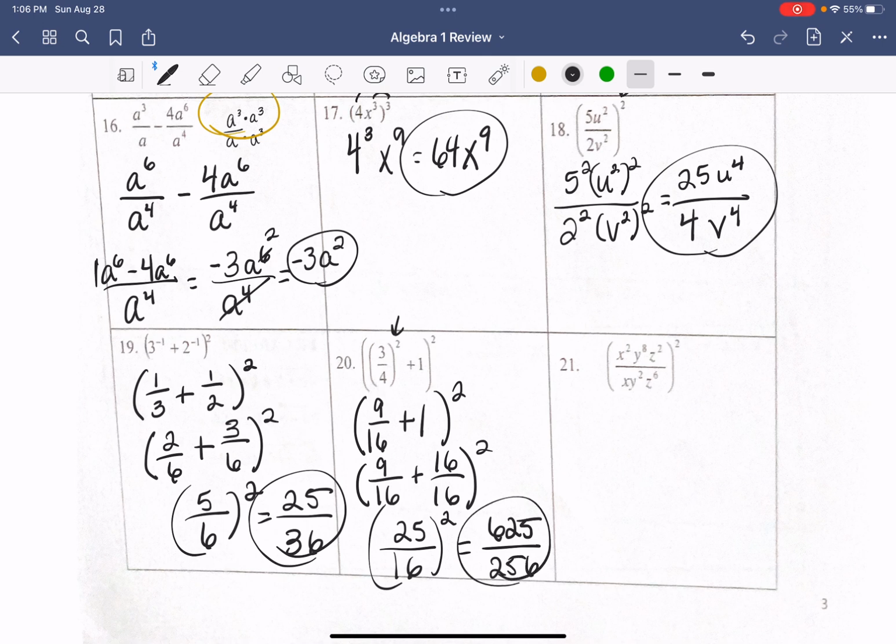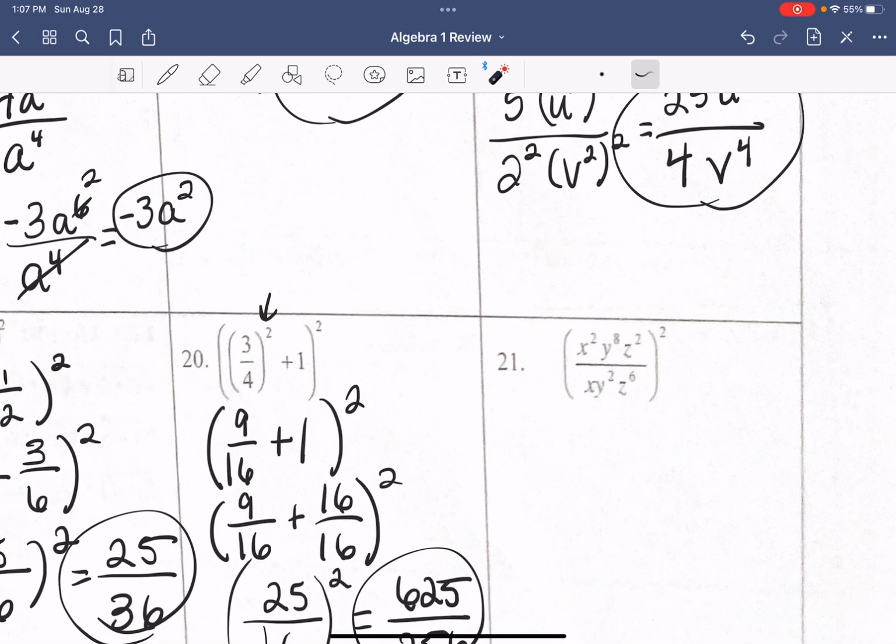Okay. All right, and then this last one for this video, the best way I think to handle this one would actually be to simplify everything down that's in the fraction, because as you can see, we've got x squared, and then we've got a regular x. So we've got a bunch of stuff that can cancel out.